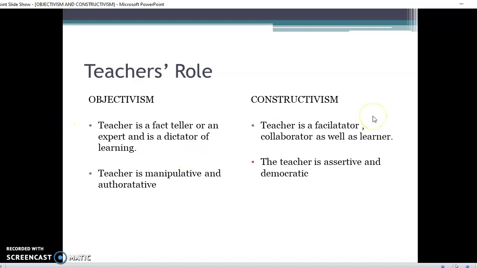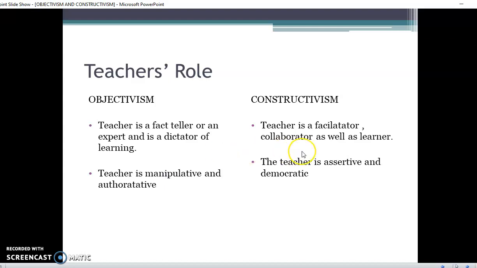In constructivism, the teacher is a person who helps or guides the students in completing a task or an activity which he or she knows. And the second point in objectivism is that the teacher is manipulative and authoritative. Authoritative, as in whatever the teacher says should be done that way itself. There is no way for the students to put their viewpoints in the process of teaching and learning. And manipulative, because the teacher can decide what to do and can change things if she wants to, but students have no role to play there.